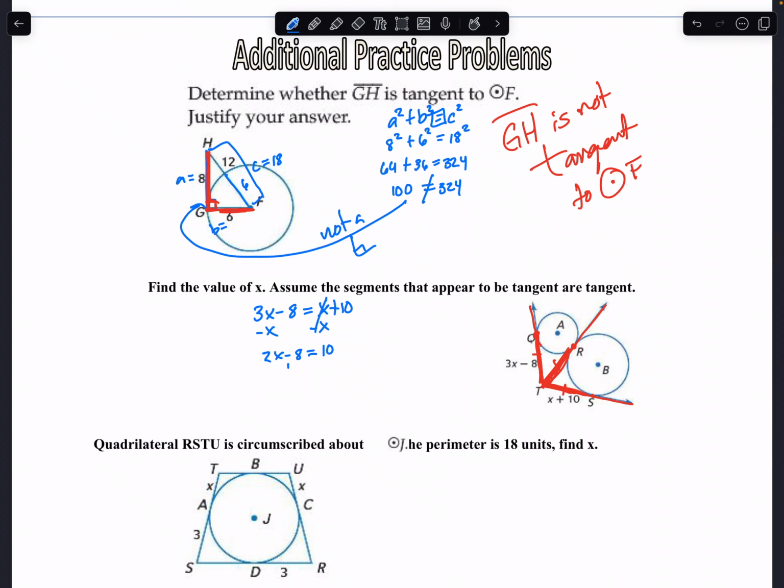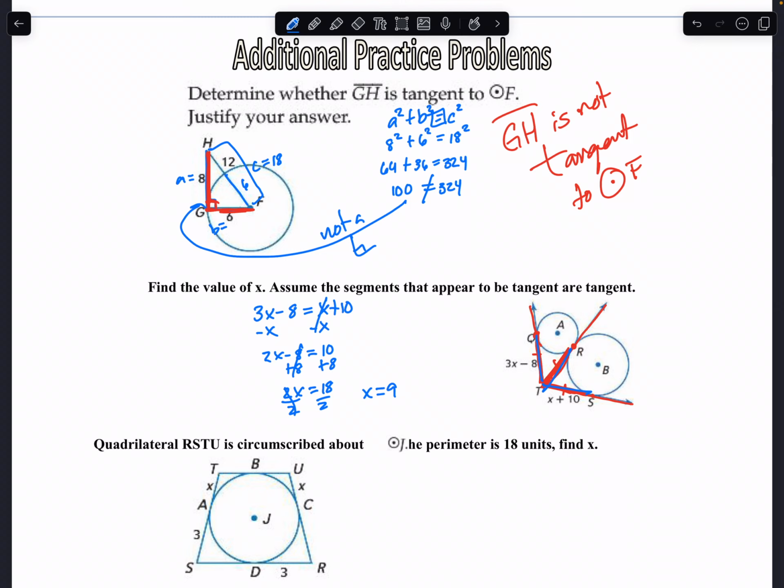I isolate the variable by moving the 8 over. 2x equals 18. Divide both by 2, and you get x equals 9. When two or more lines that are tangent intersect at the same point, they become congruent. So this is going to be the same as this and as that.